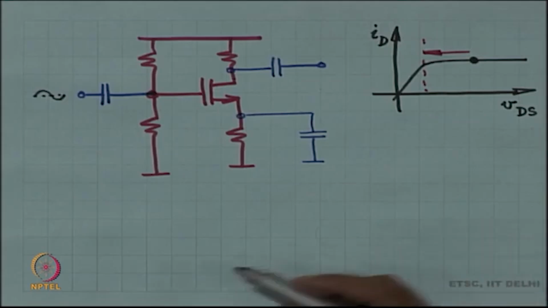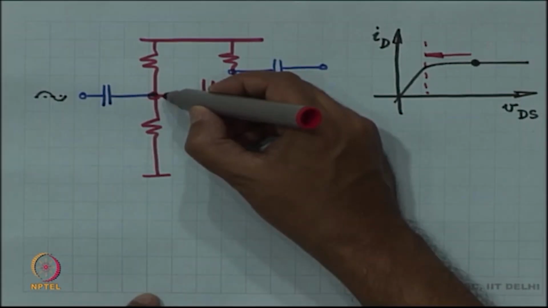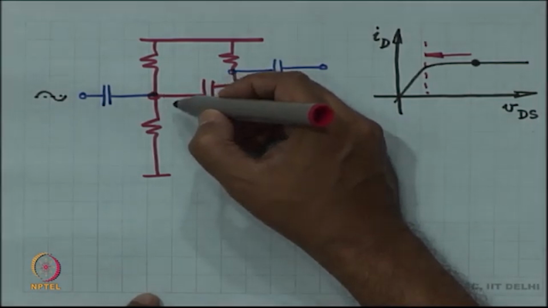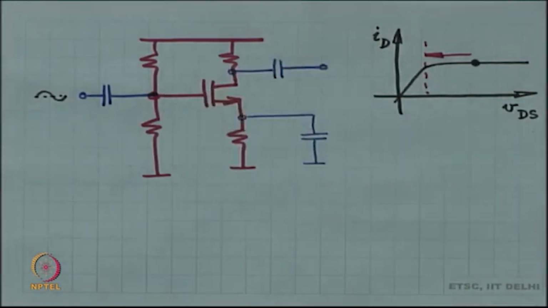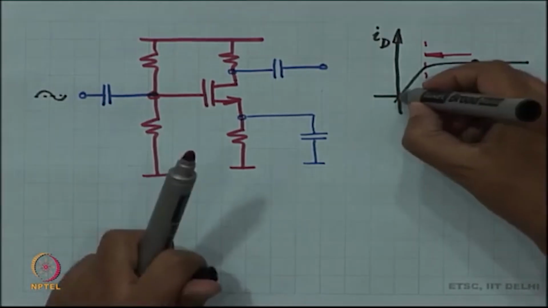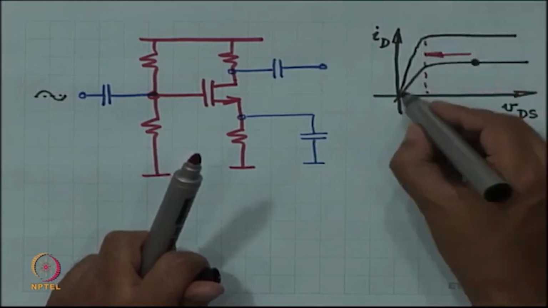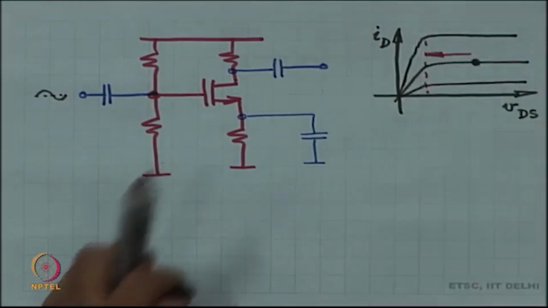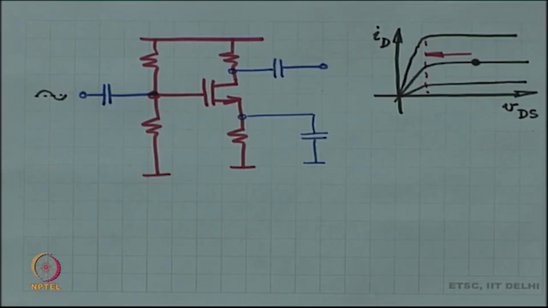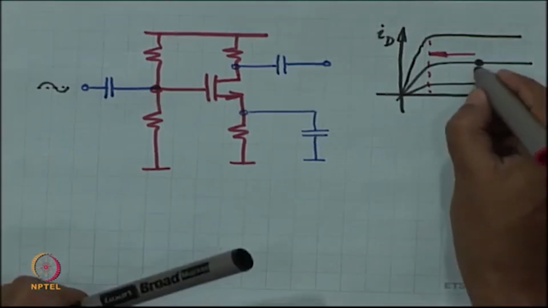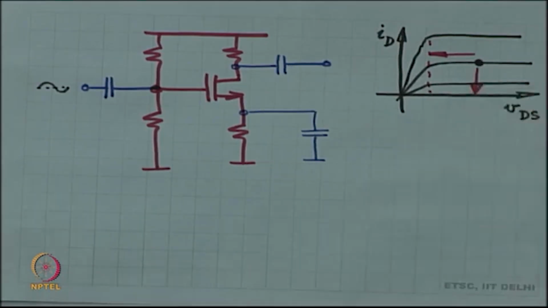The other extreme case is, remember when you are changing VGS, ID itself is changing, right. So, you are picking different curves from this family of curves and so on, right. You should not pick an ID that has dropped all the way down to 0 or lesser, ID can't go below 0, all right.